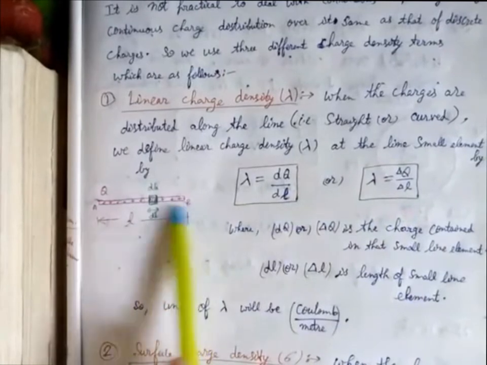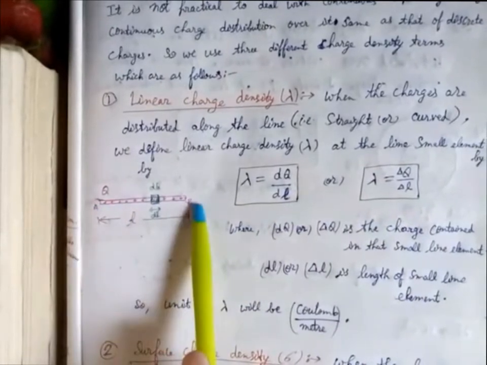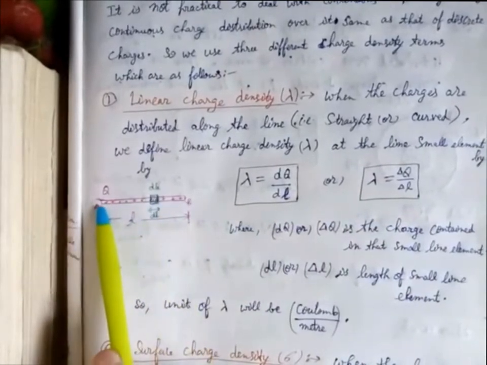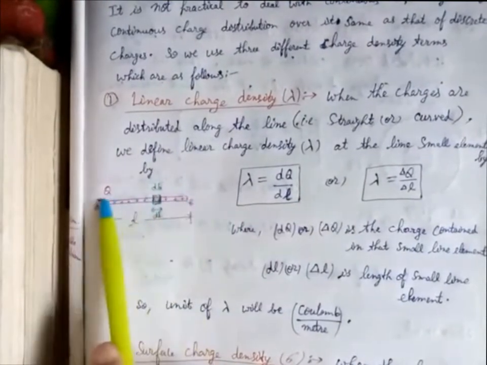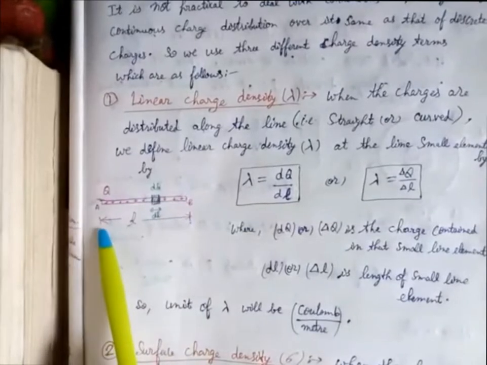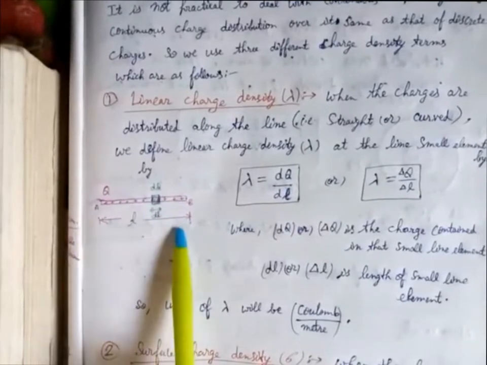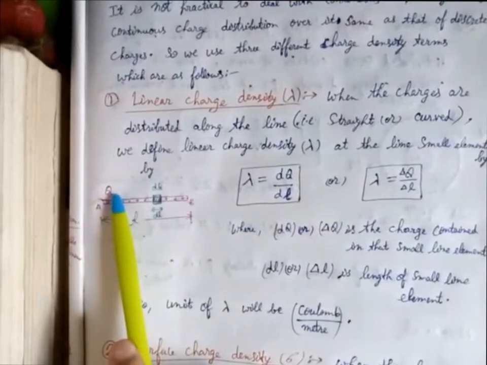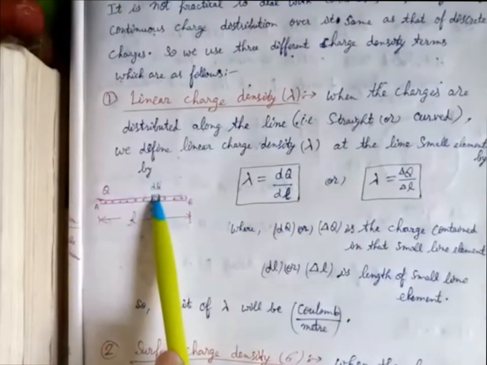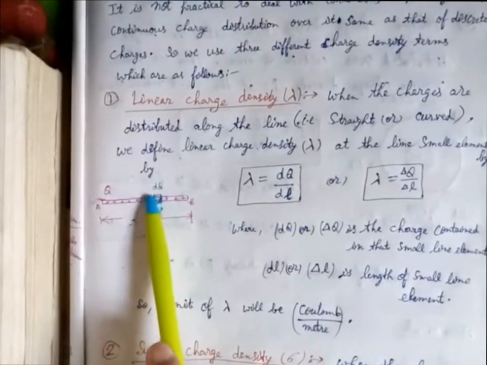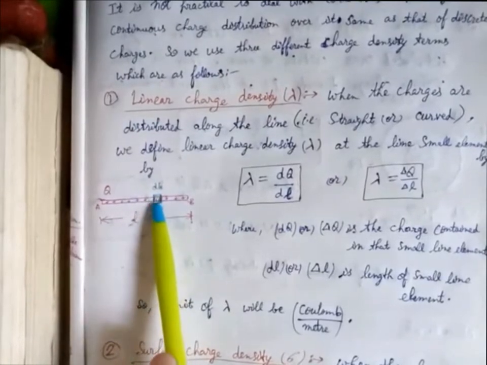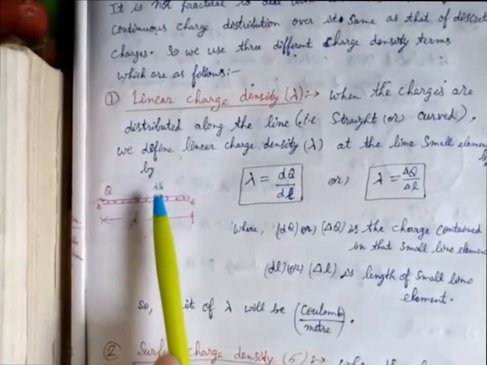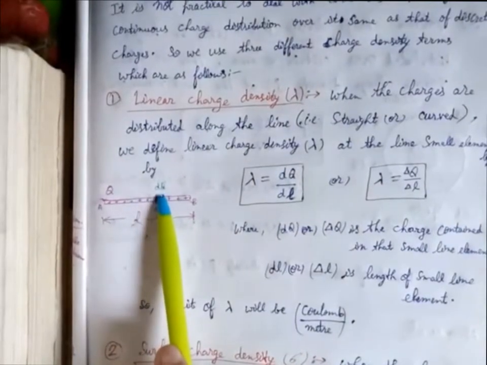Let's suppose this AB is the length of a rod and it contains continuous positive charge over its surface, and the length is small l, and the total charge is capital Q. Then we take a small element along the rod whose length will be dl and the charge on that dl length will be dq.